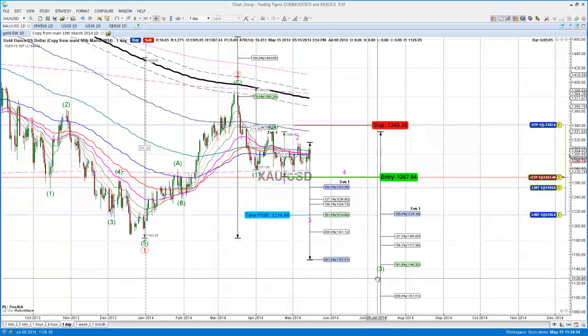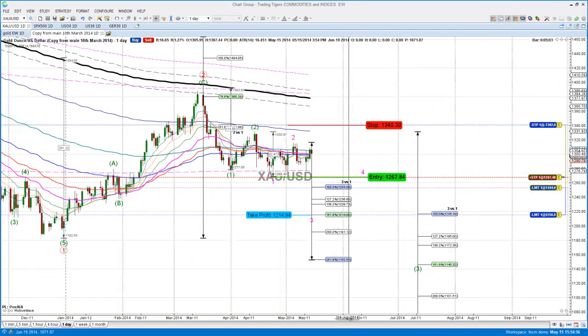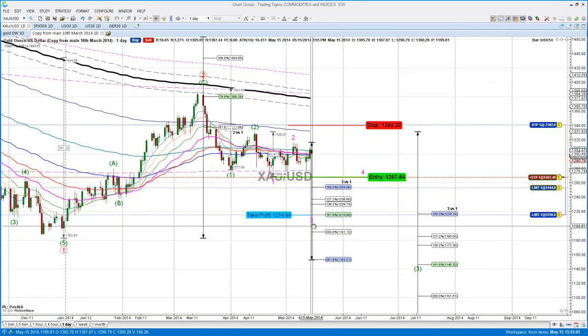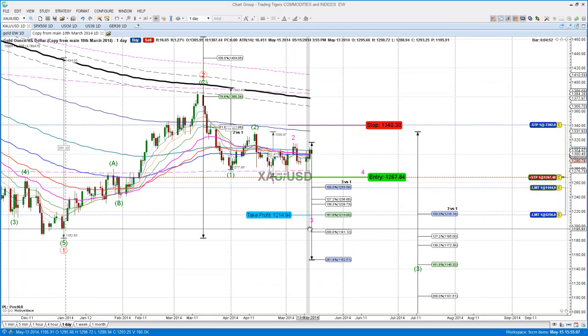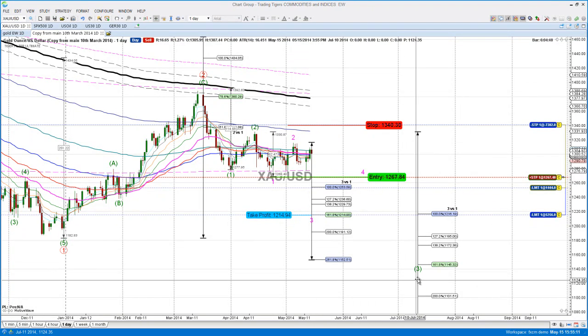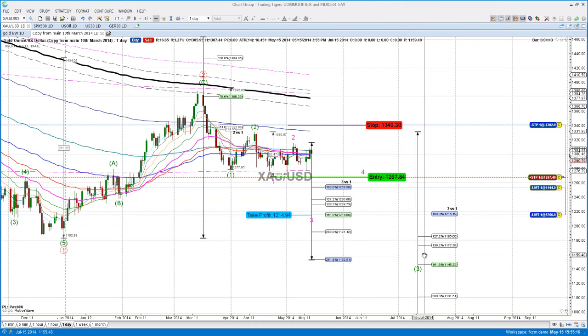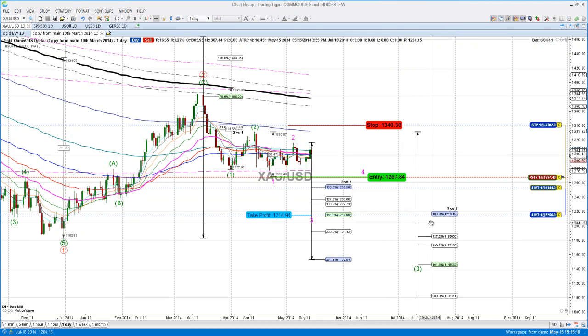So as you can see, just to recap again, just in case I said that a little bit quick, the targets are at the 161.8 of the minor wave, which is price point 1214.98, which corresponds to the intermediate wave 3 100% at 1216.